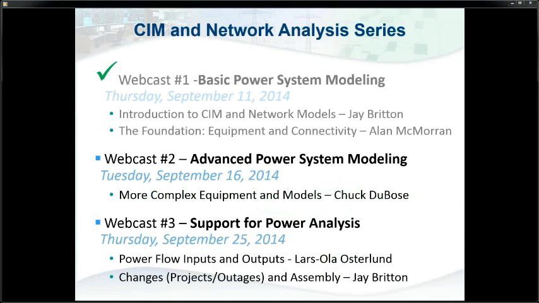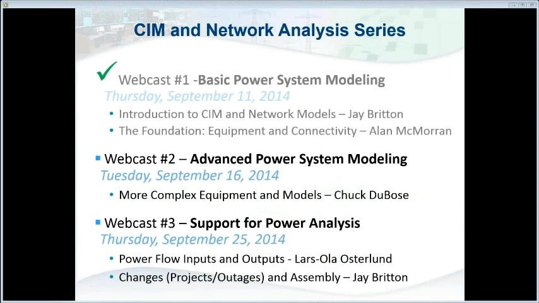He also gave us a tour of the support that the CIM has for diagram layout. Today, Chuck DeBose from Siemens PTI is going to walk us through some of the more complex constructs in the equipment and connectivity portion of the CIM.